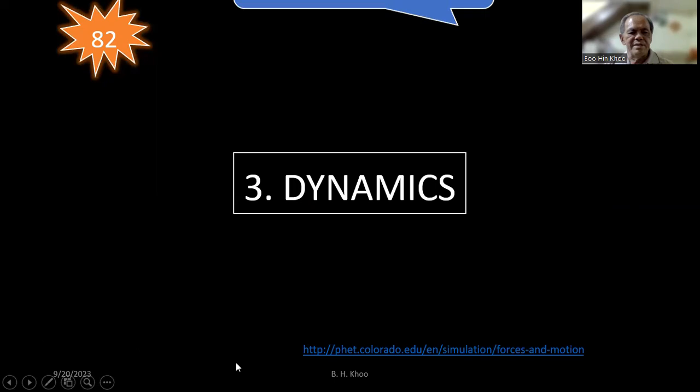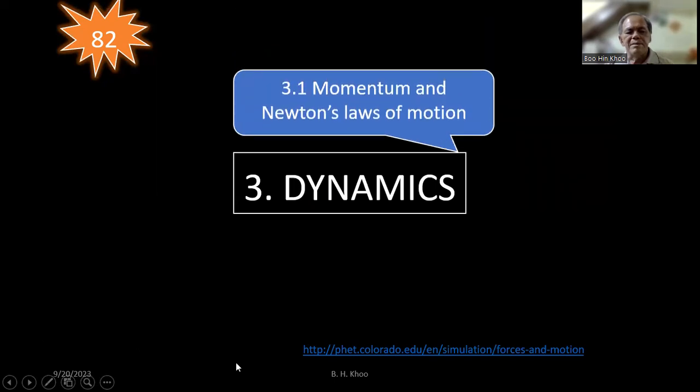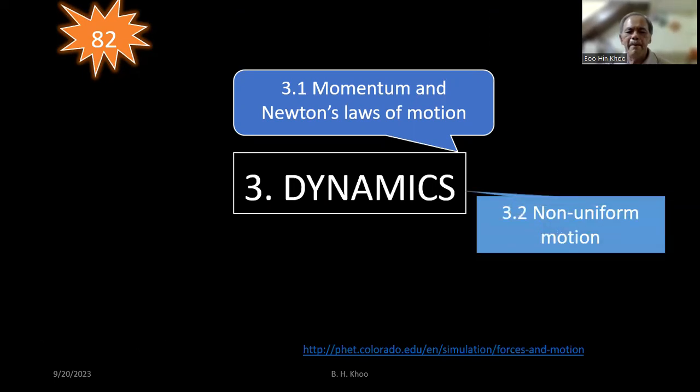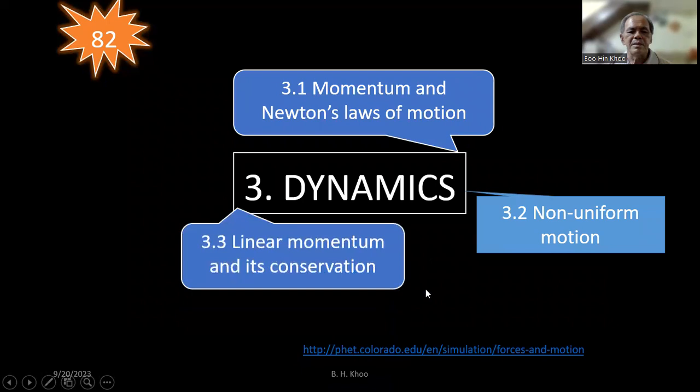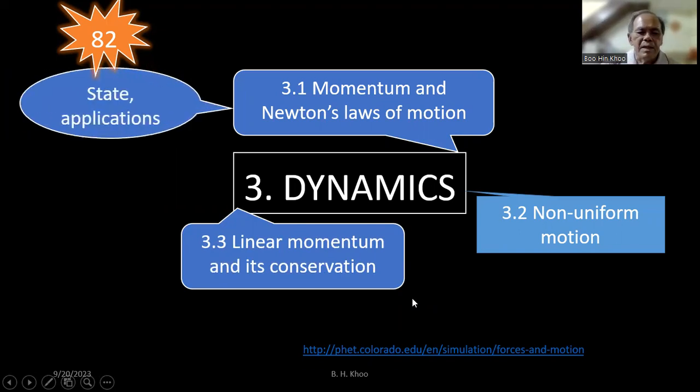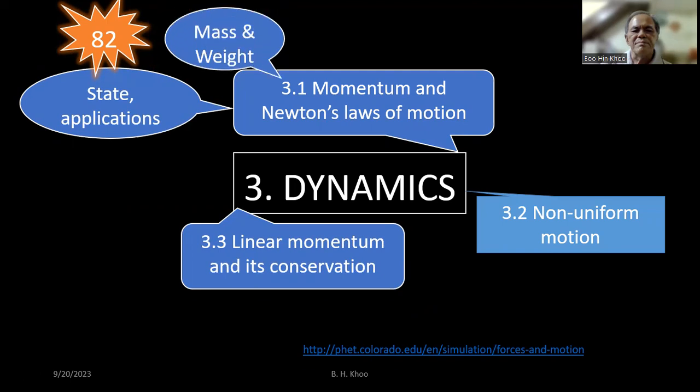Okay, let's just summarize. 3.1 is momentum and Newton's laws of motion. 3.2 is non-uniform motion, which means the acceleration is not uniform. 3.3 is linear momentum and its conservation. So under 3.1, we will state Newton's laws and their application.